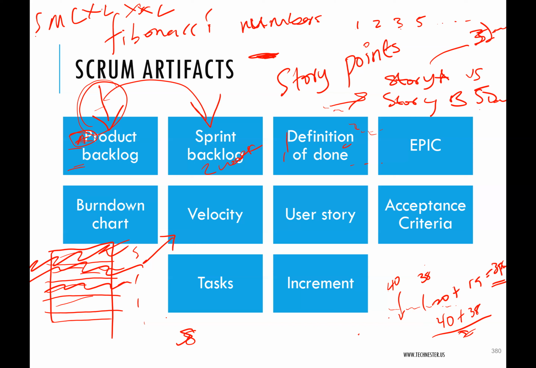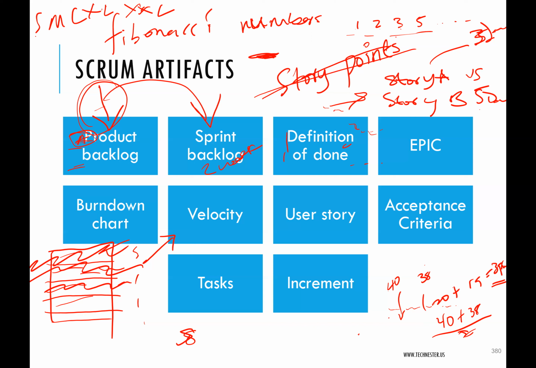Now, the story points will help you calculate the velocity. So if your team is using the Fibonacci sequence as your story point, then your average velocity will be measured in terms of that story point. If they are not using story points at all and they are using just hours, right, then your average velocity will be measured in hours.